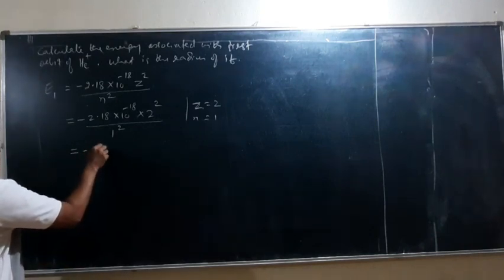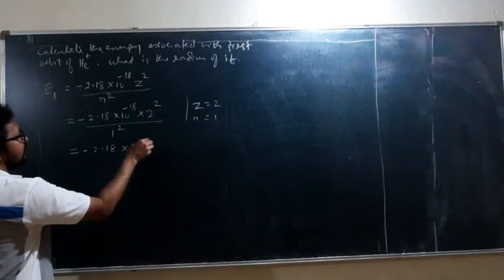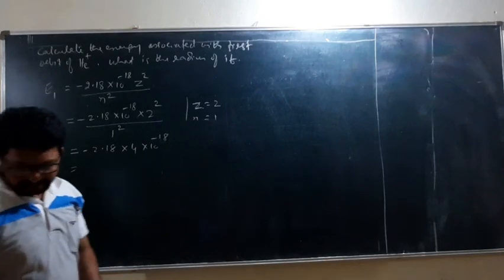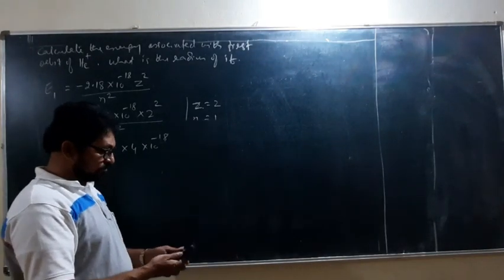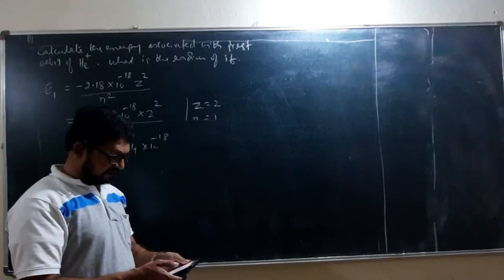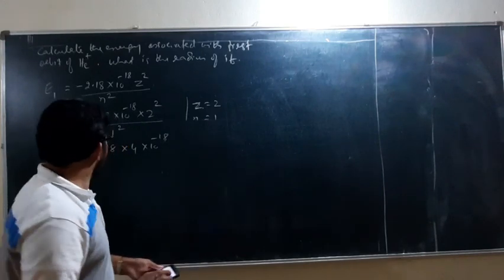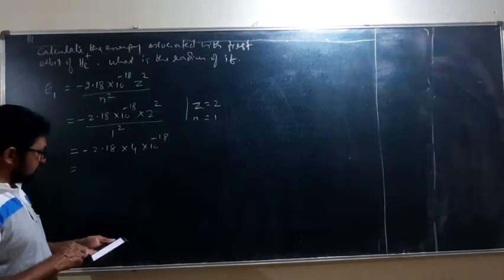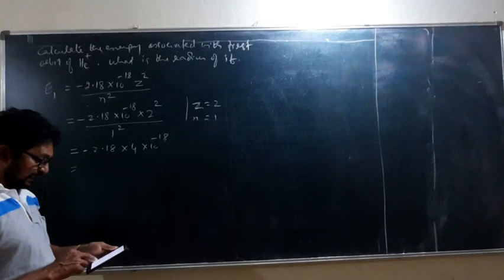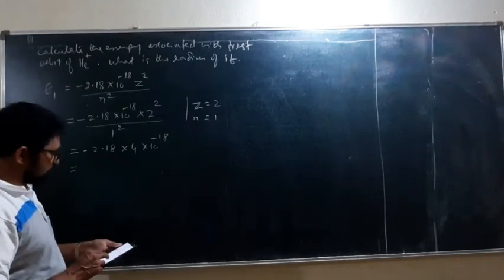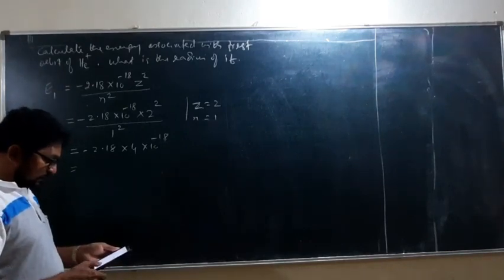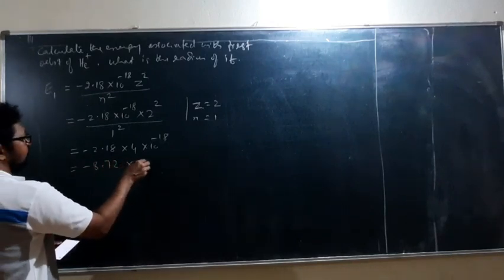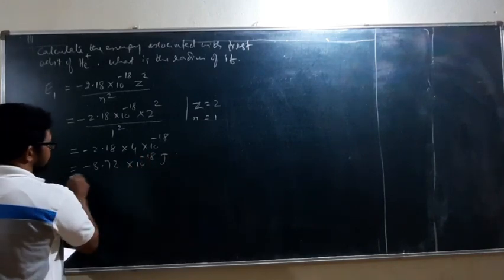Minus 2.18 into 4 into 10 raised to minus 18 divided by 1 square, which is 1. You can calculate this with the help of a calculator. This is per electron, per single photon. So 2.18 into 4 is 8.72, minus 8.72 into 10 raised to minus 18 joules.